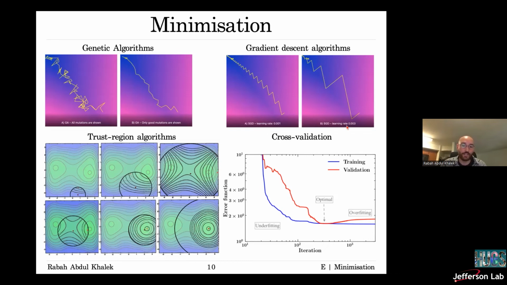So this learning rate is very important for your efficiency. I won't go through trust region algorithms for the sake of time, but there are many other of these minimization methods.